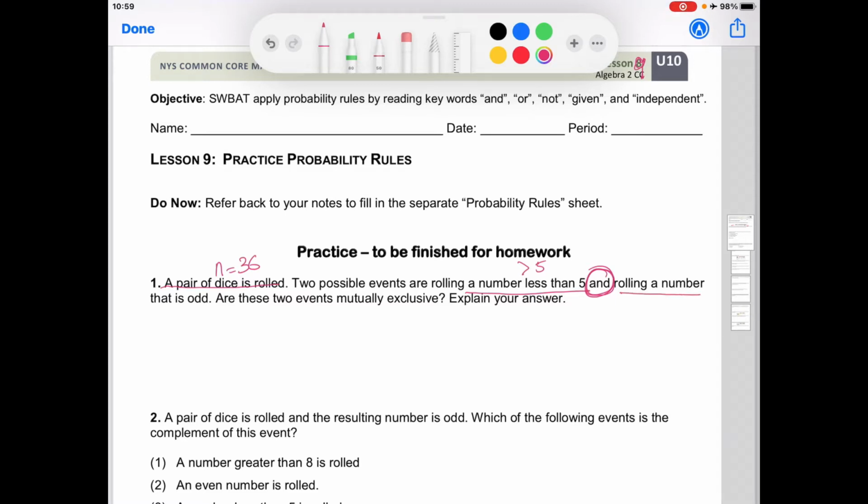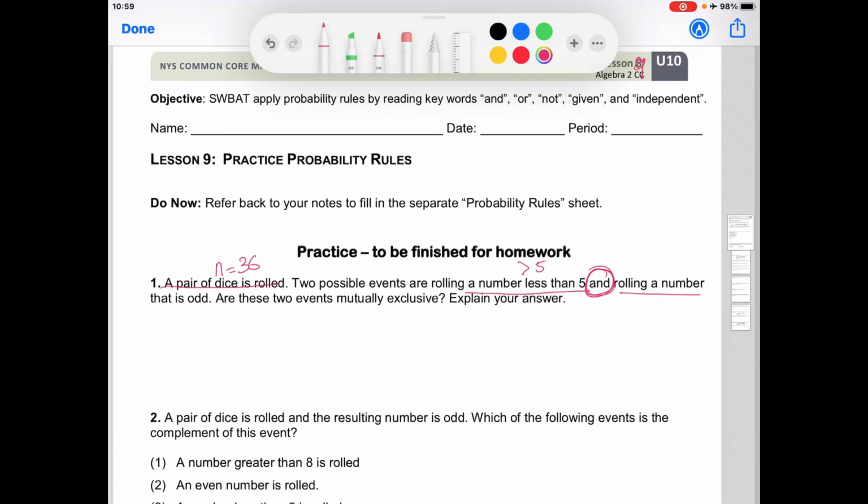So are these two events mutually exclusive? First of all, let's talk about the definition of mutually exclusive. Mutually exclusive means the two events cannot happen at the same time, right? So on one die, can you roll a number less than 5? Yes. And on the other die, could that number be odd? Yes, there are numbers that are less than 5 and odd, that are 1 and 3.